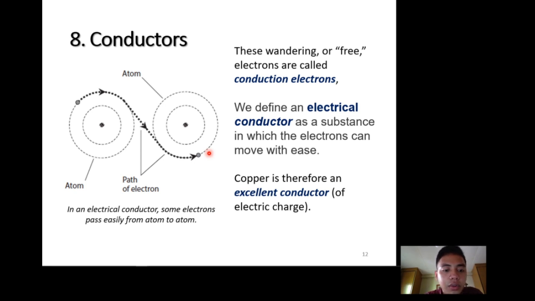So we call that material or substance an electrical conductor. Then copper is therefore an excellent conductor of electric charge.